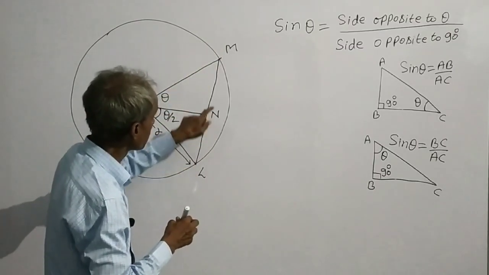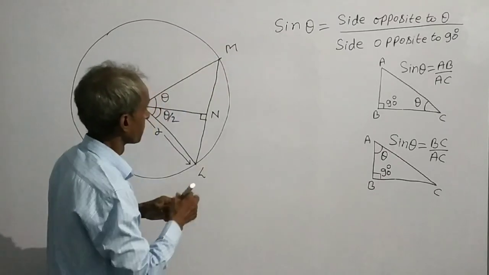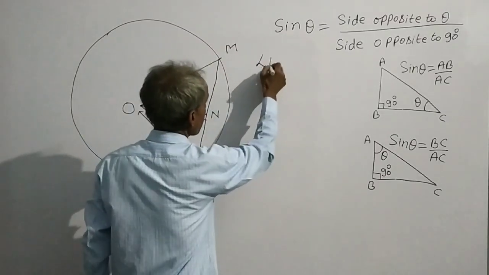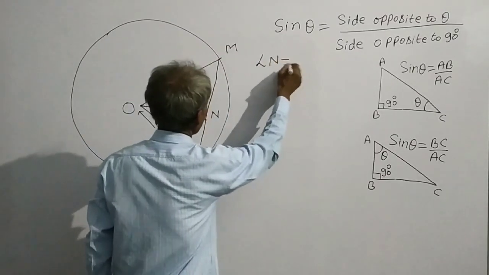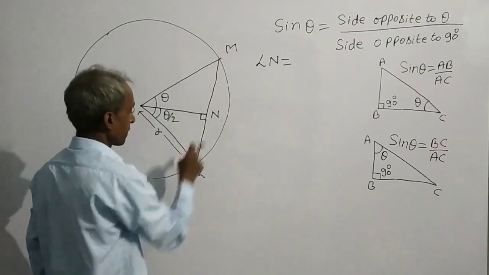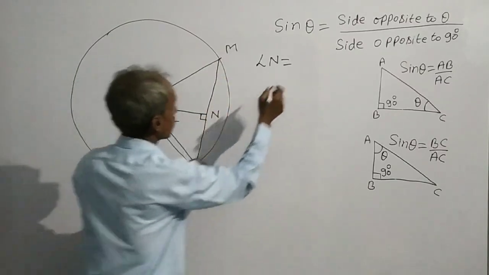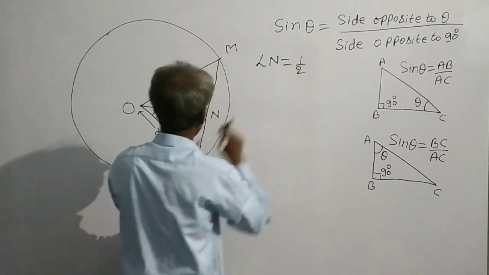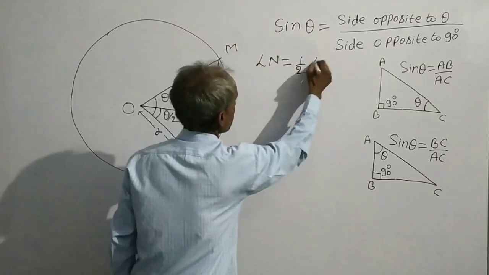Therefore, Ln will be equal to Nm, that means Ln will be equal to 1 by 2 of Lm.